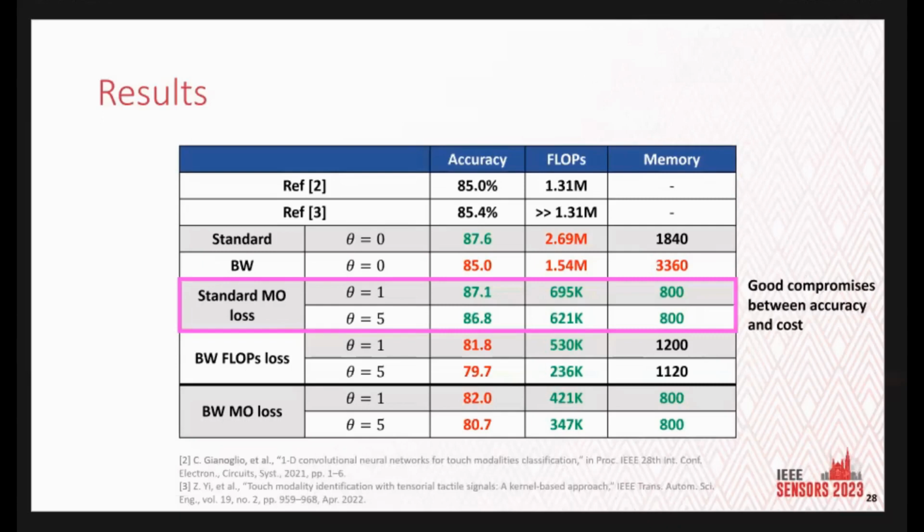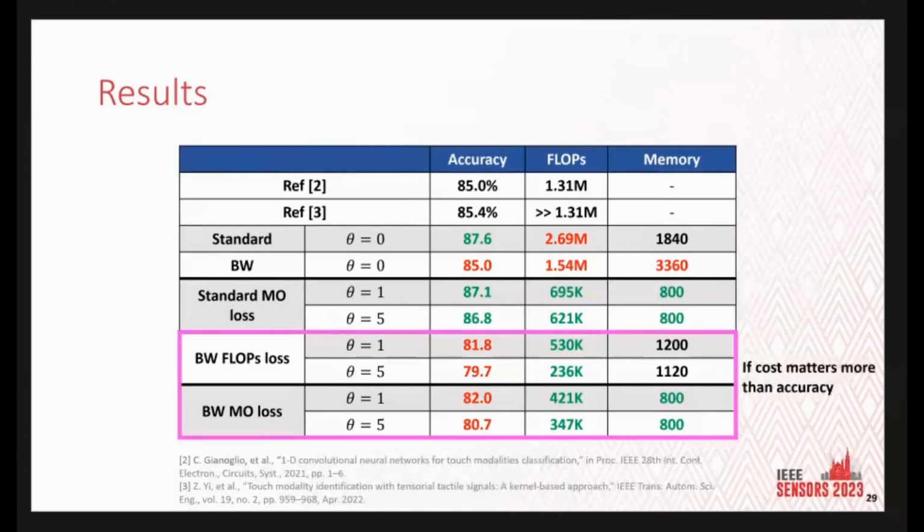So almost half with respect to the state of the art in terms of flops. And the memory parameter wasn't measured in the previous works. Here we can see that the biggest tensor has 800 elements to be loaded in the RAM memory.